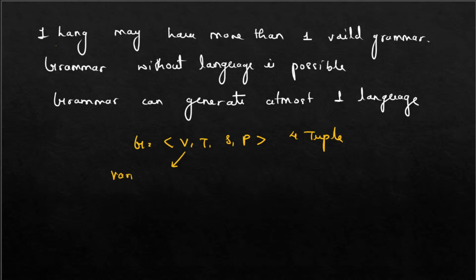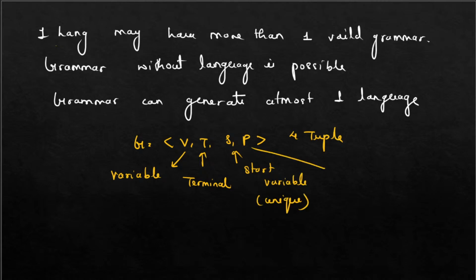V is the variable set, T is the terminal set, S is the start variable, which is definitely unique, and P is the production rules. So this is how the grammar is denoted.